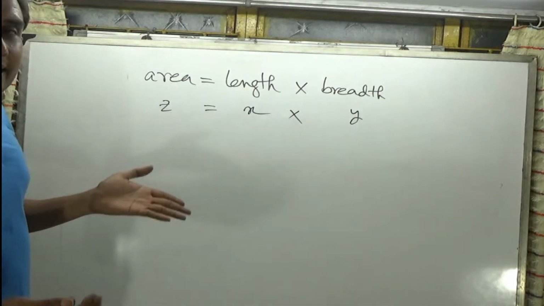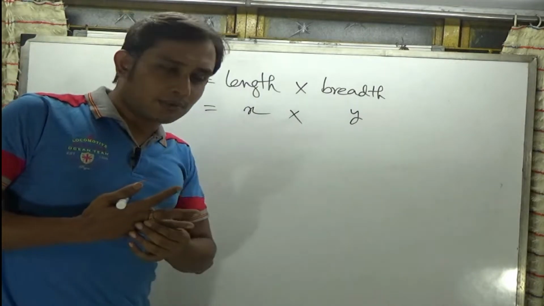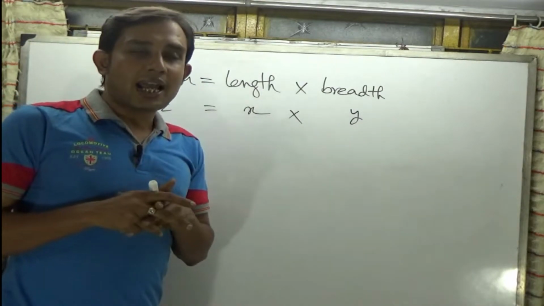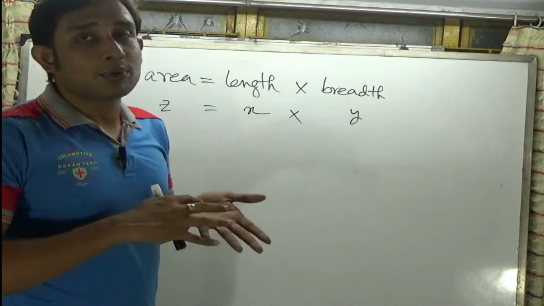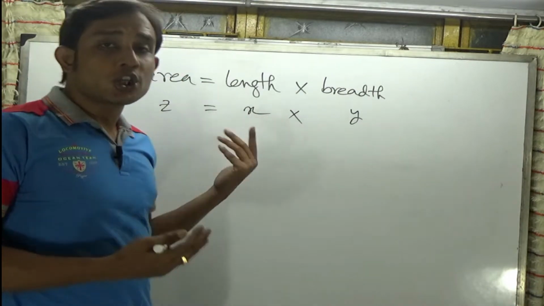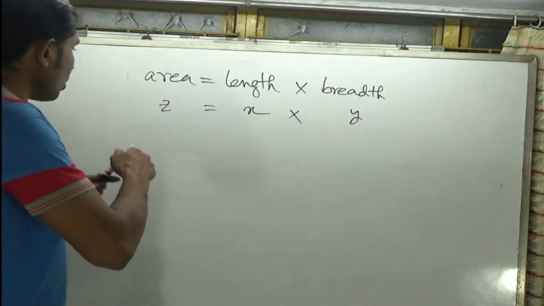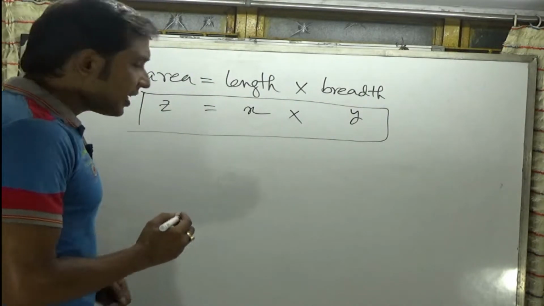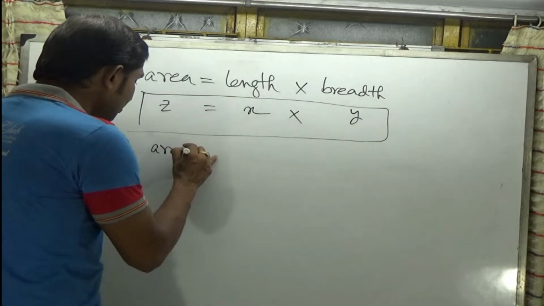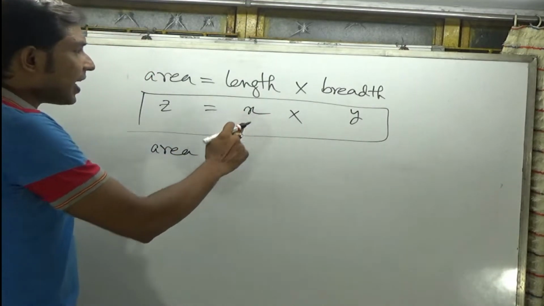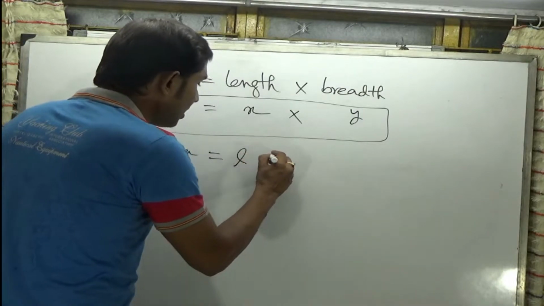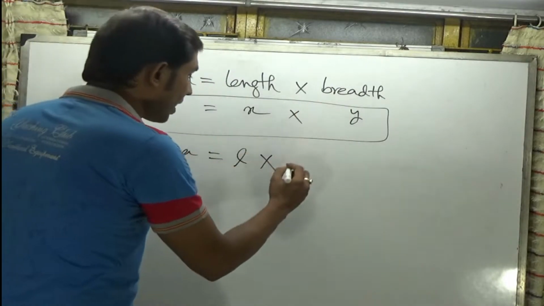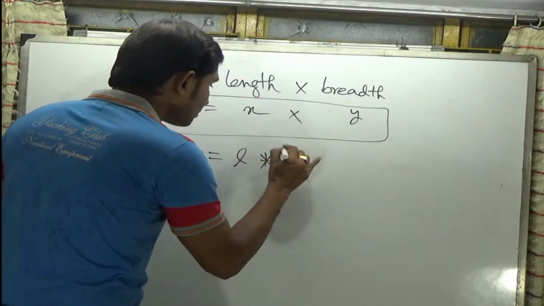And z does not give any proper answer about what purpose z is being used for. But instead of z, if I write area, and instead of x I write L, and instead of y I write B.